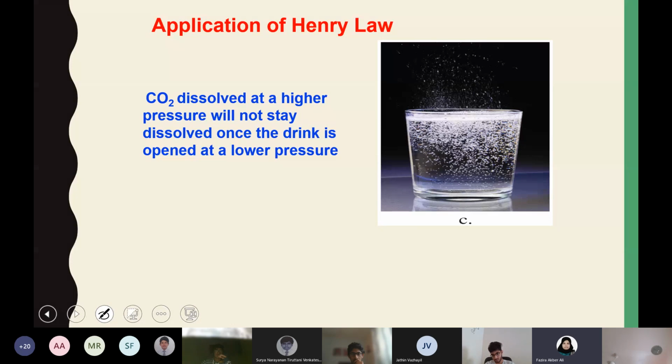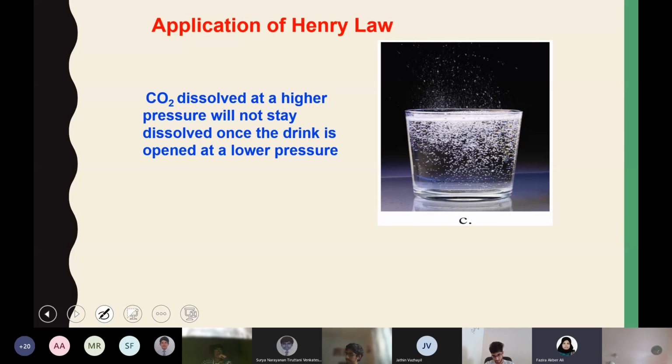That is why when you open a can of Pepsi or any other cola, you can see the gas coming out. These cans are sealed at very high pressure in the industry, and at that high pressure we know that solubility increases. So carbon dioxide is more soluble in water and gets dissolved very easily.